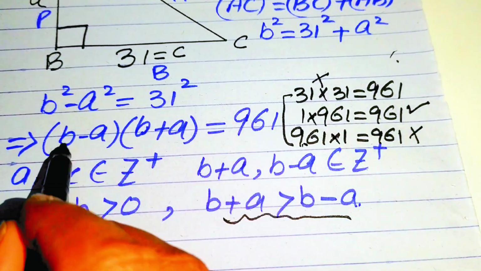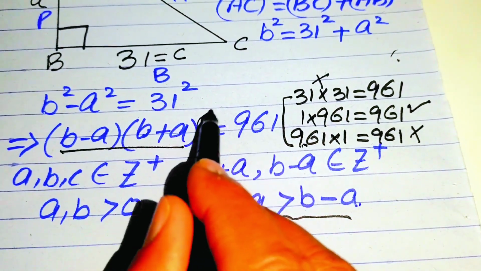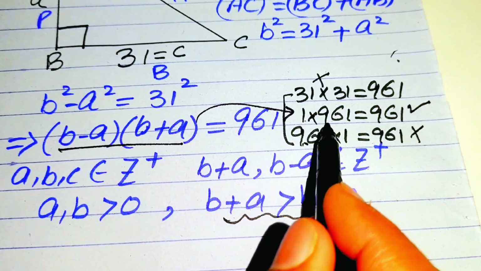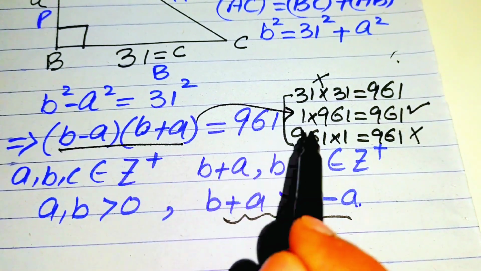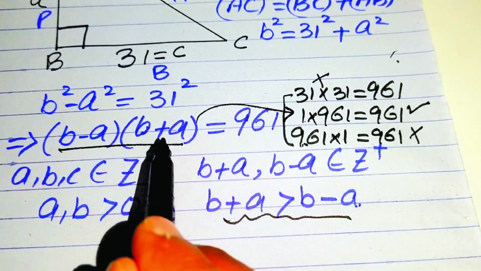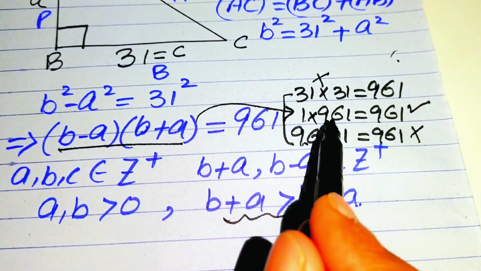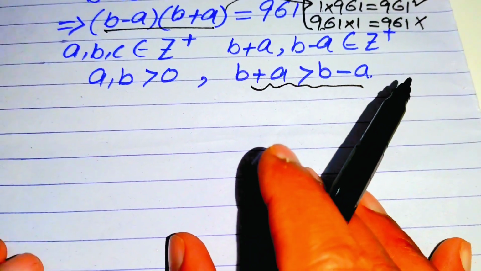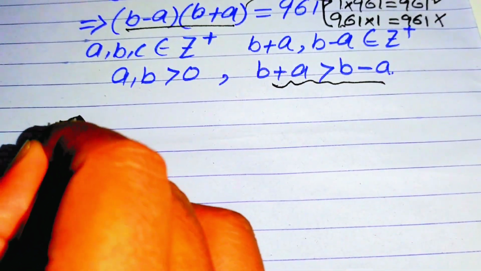So we compare these two factors. After comparing, you easily get b minus a equals 1 and b plus a equals 961. Now we write these two factors here.